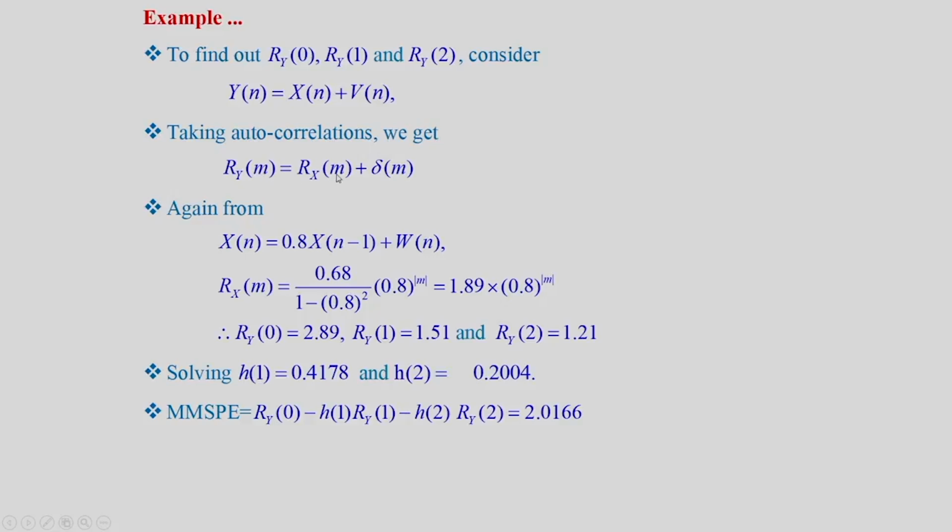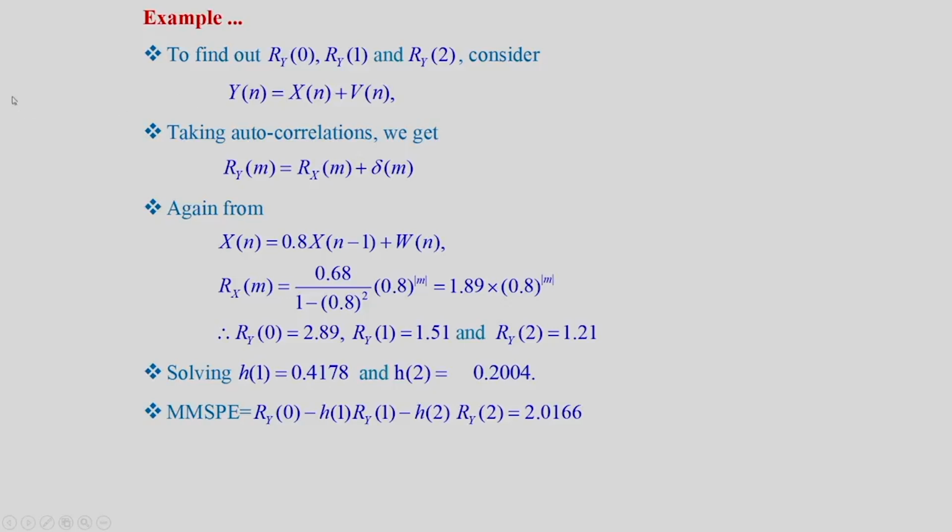Ry of m will be equal to Rx of m plus delta m, and from x n is equal to 0.8 x n minus 1 plus w n, we will get Rx of m is equal to 0.68 divided by 1 minus 0.8 square into 0.8 to the power mod of m, and if I simplify this, it will be equal to 1.89 into 0.8 to the power mod of m.